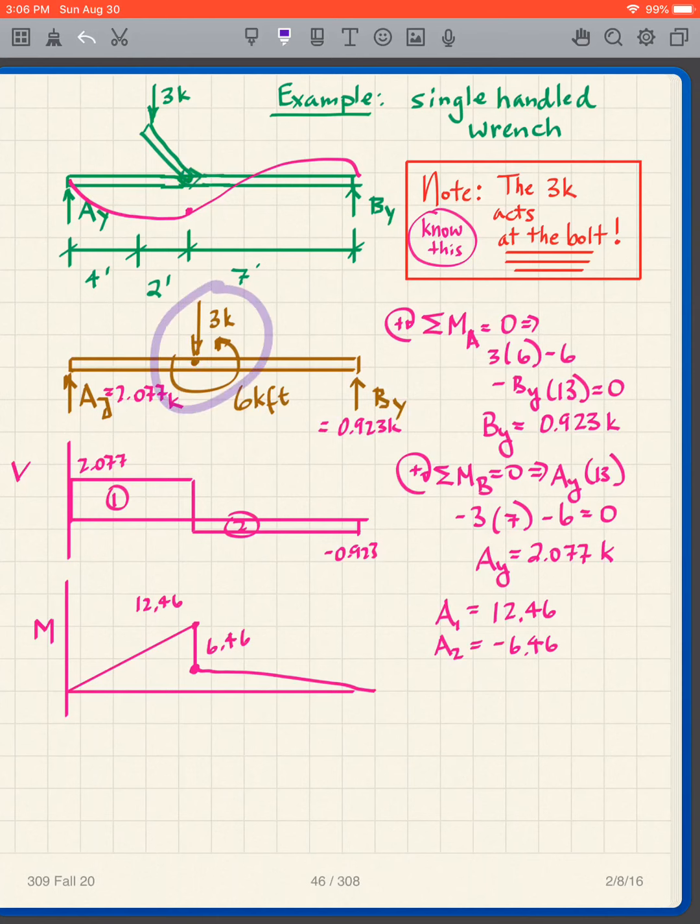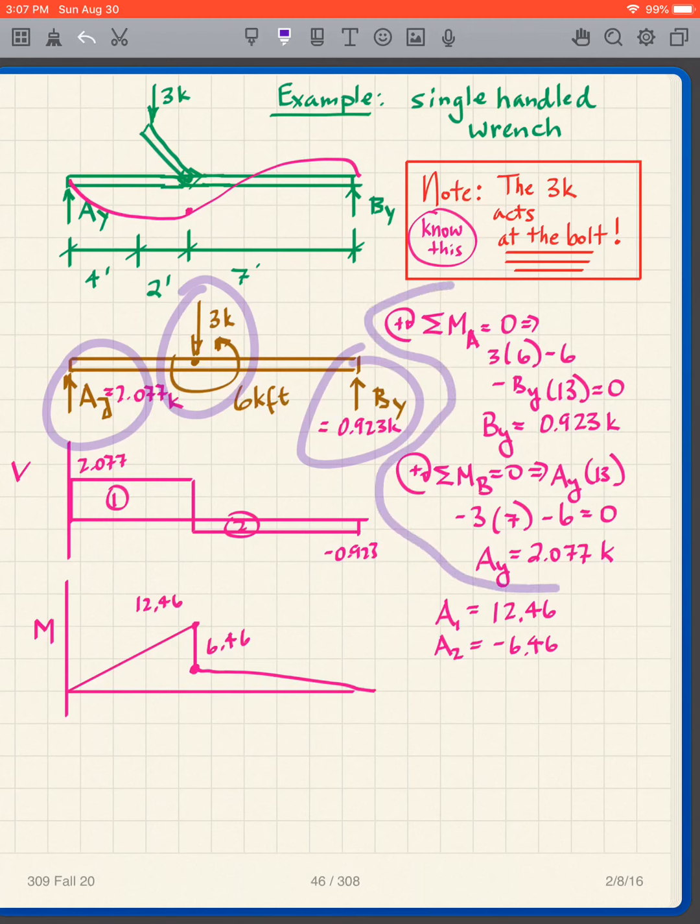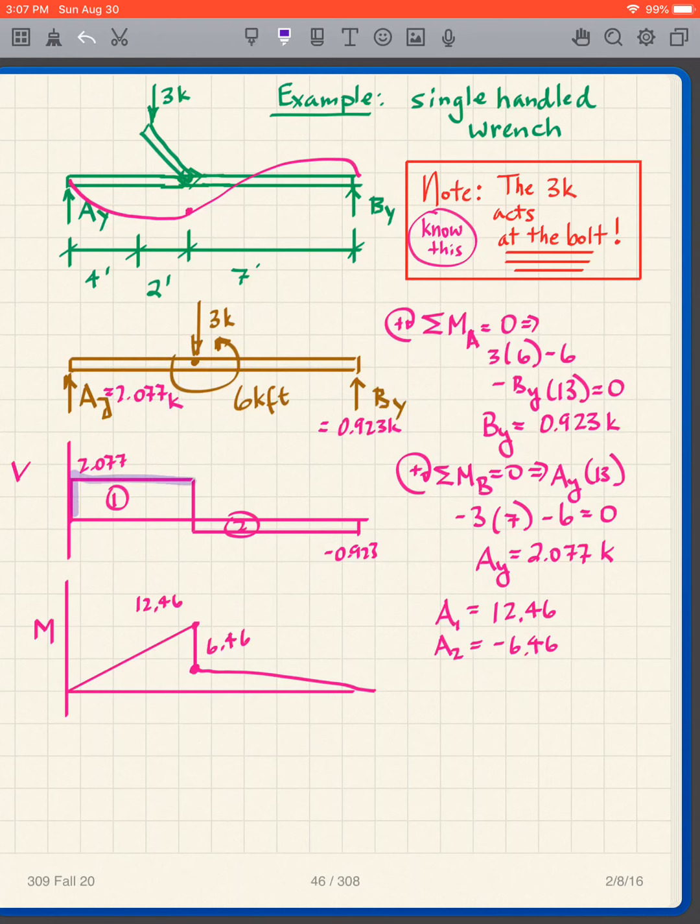Okay, so once I have this, I can find my reactions. You can pause the video and see the reactions here. And so I get 2.077, 0.923, and that means that I go up, over, down, over.